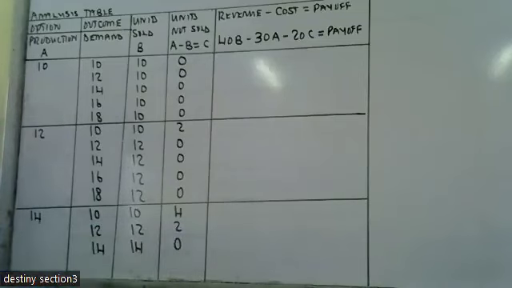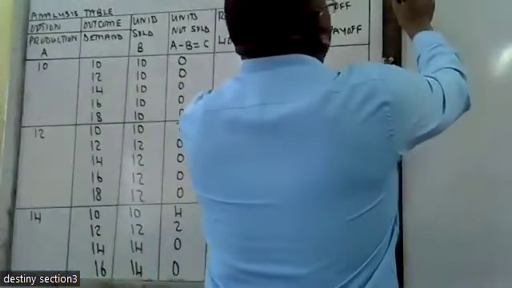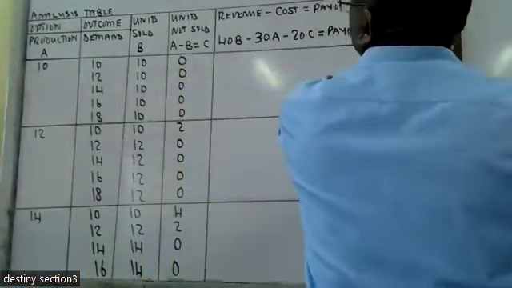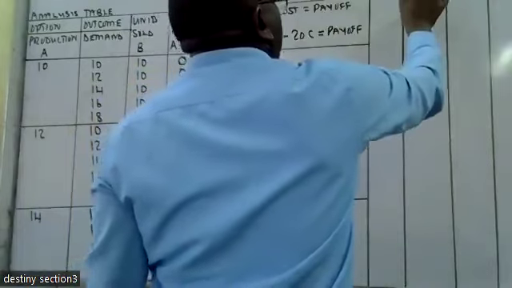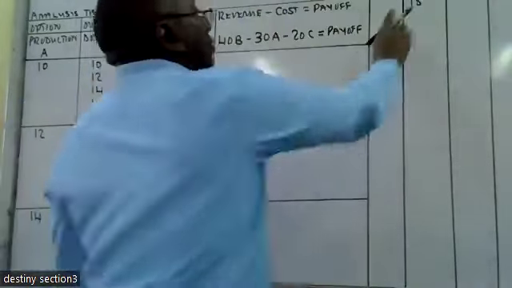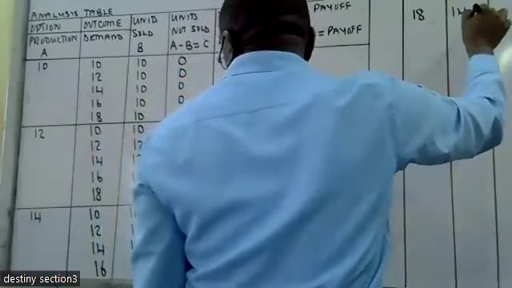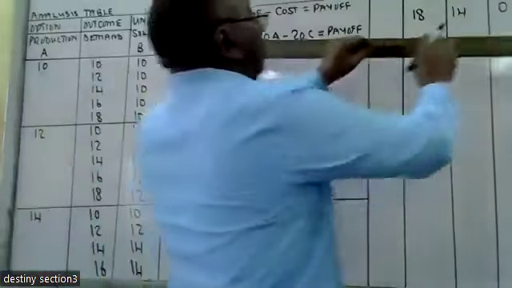And how many remain unsold? 0. 16 customers come, they sell 14. How many remain unsold? 0. If 18 customers come, they sell 14. And how many remain unsold? 0. So hiyo tunafunga.